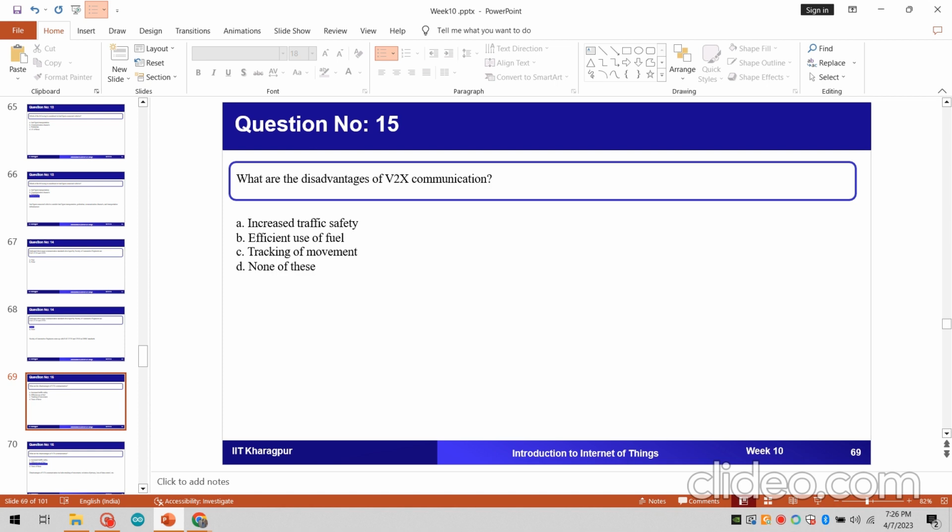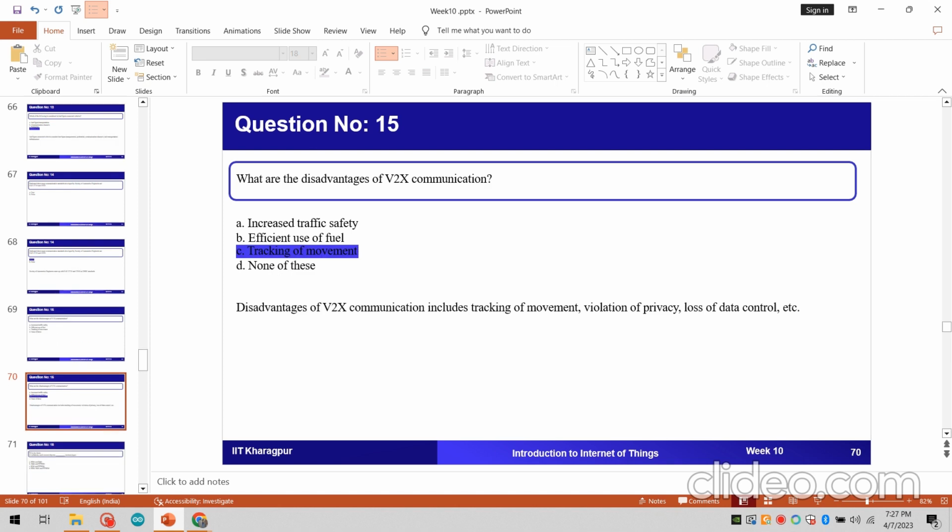Tracking of movement is not a disadvantage. See, if each and every movement is tracked, your personal data is utilized, right? So it is one of the disadvantages of vehicular to everything communication. So C is the correct option for this.